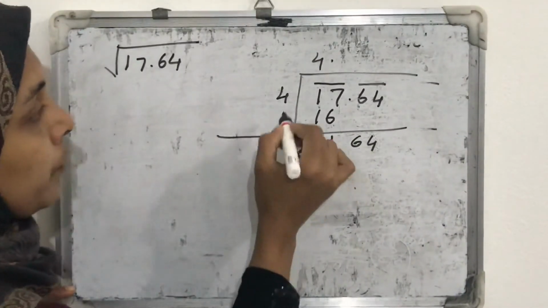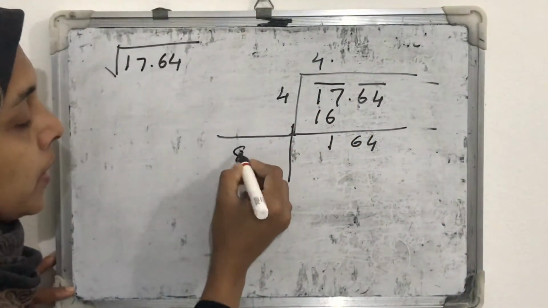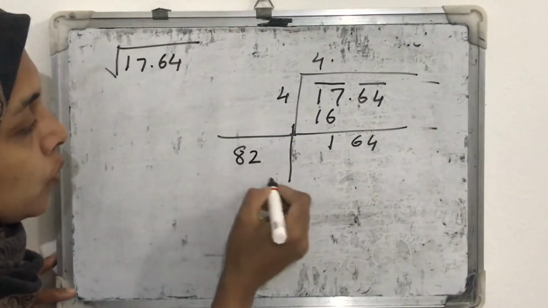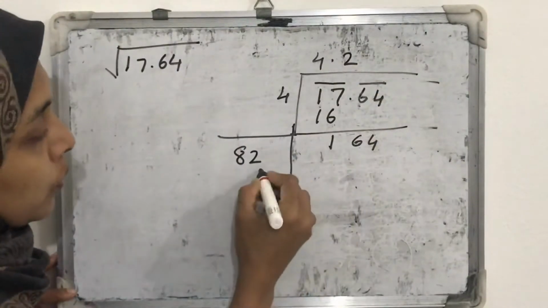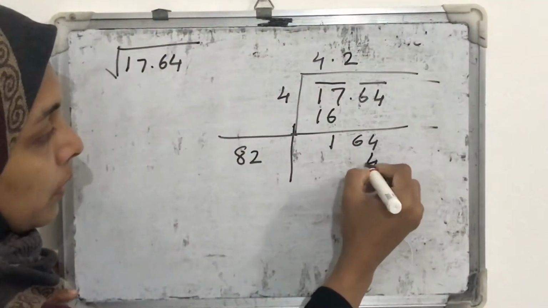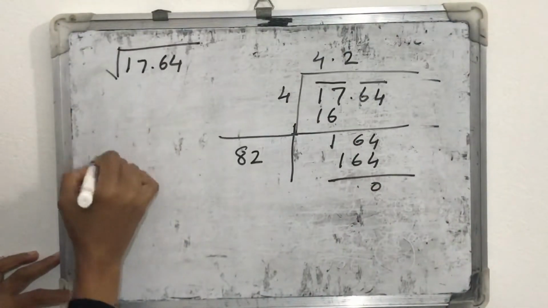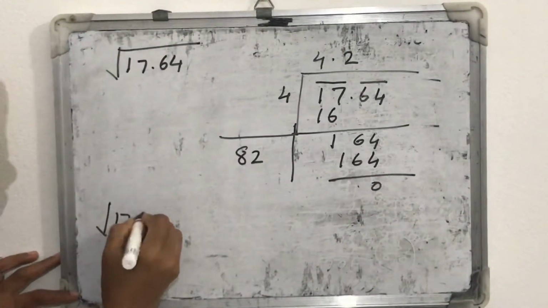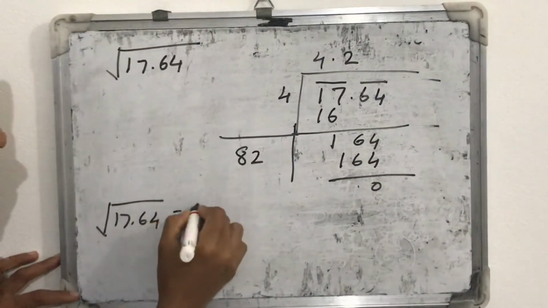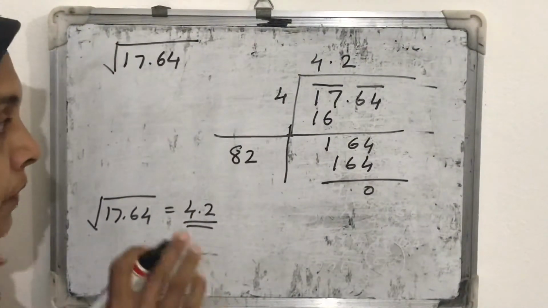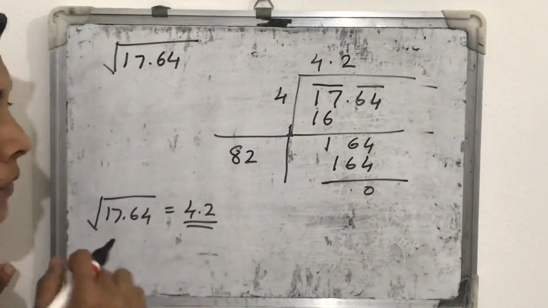Now double of 4 is 8. Which digit should we use? It will be 2. 82 into 2 is 164. So what is the square root of 17.64? It is 4.2.